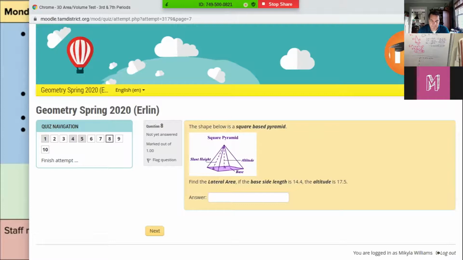I'm sorry, Mr. Allen. It's all right. Are you having trouble doing the multiplication? No. What'd you get as your perimeter?